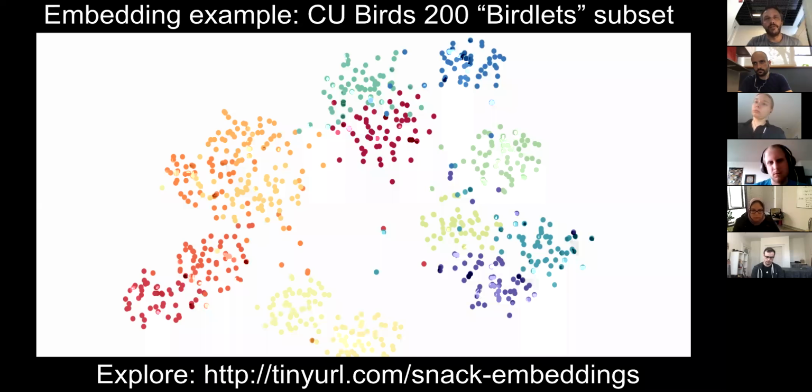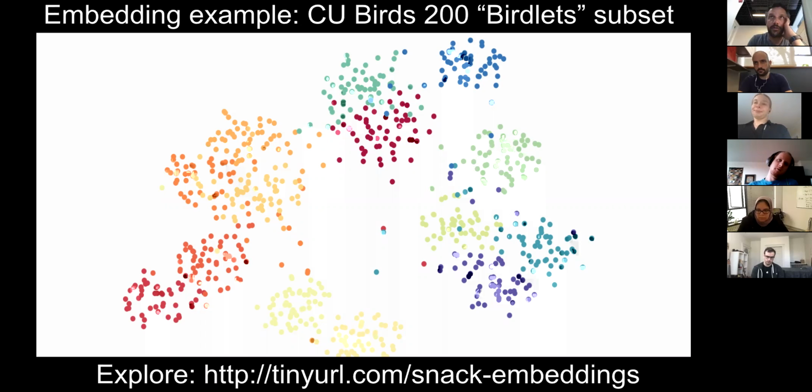More quantitatively, you could use a system like this for quality assurance. Suppose you had a very elite, high-priced set of experts annotating bird data for you.